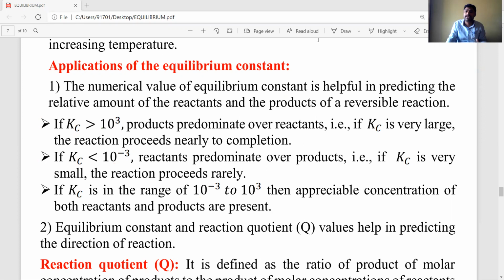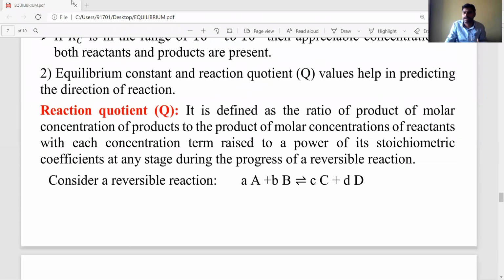The second important application of equilibrium constant is that, for a reversible reaction, it helps predict the direction of the reaction. Direction means either the forward direction or the backward direction, or whether it is present at an equilibrium state. We can explain this with the help of the equilibrium constant and the reaction quotient.